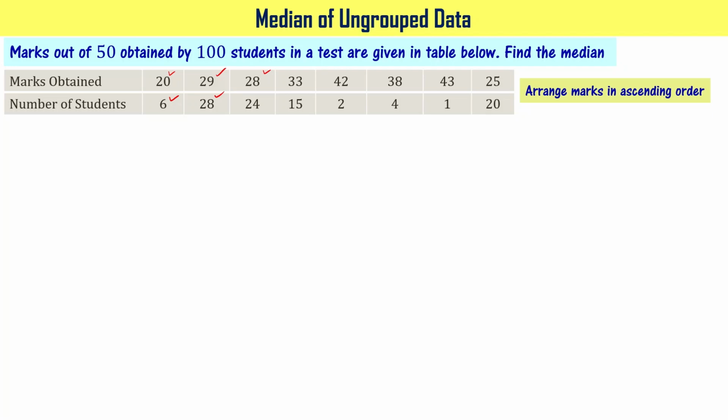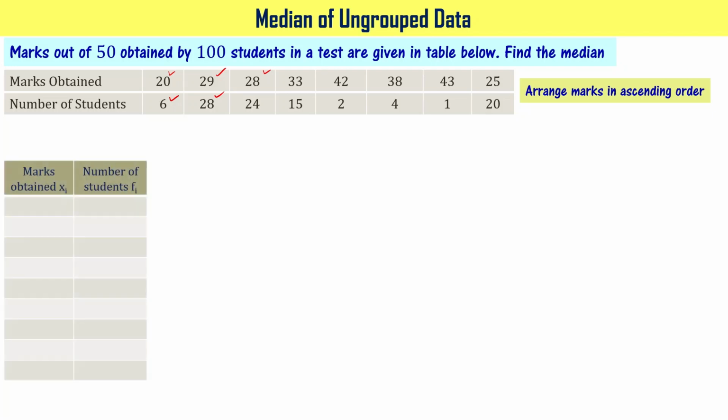Let's arrange these marks in ascending order again. When you arrange, 20 comes first, then 25, then 28, then 29, 33, 38, 42, 43. The total number of observations is 100.